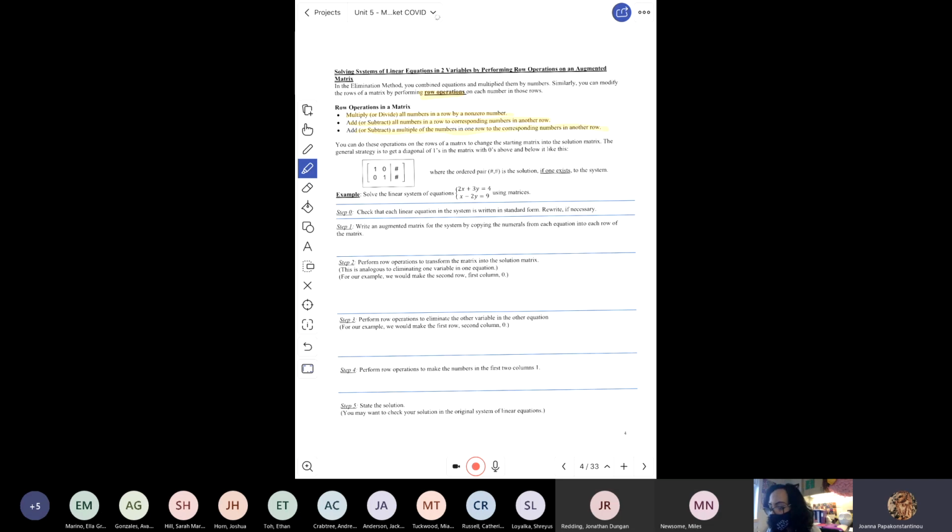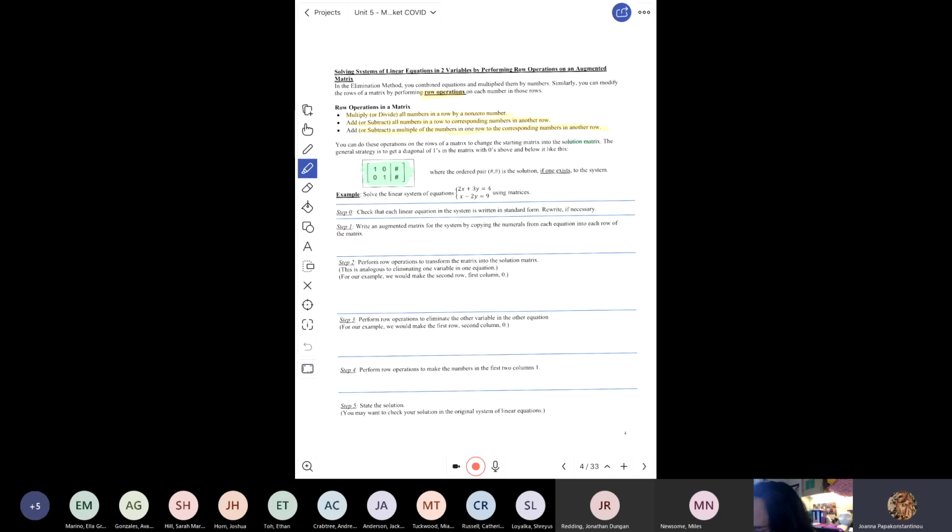Your ultimate goal, once you have an augmented matrix, is to get it to the solution matrix. So the solution matrix looks like this. So we want to get to this, what is known as the solution matrix.